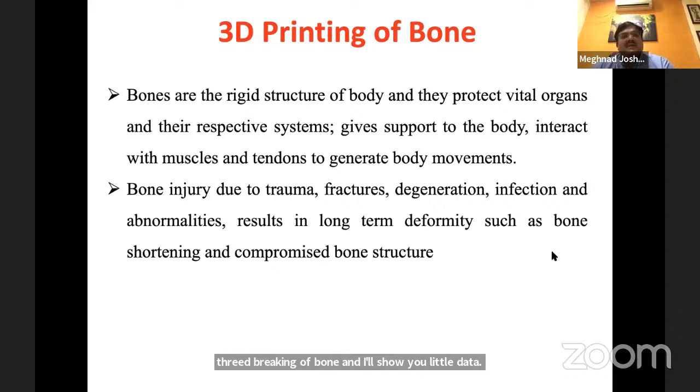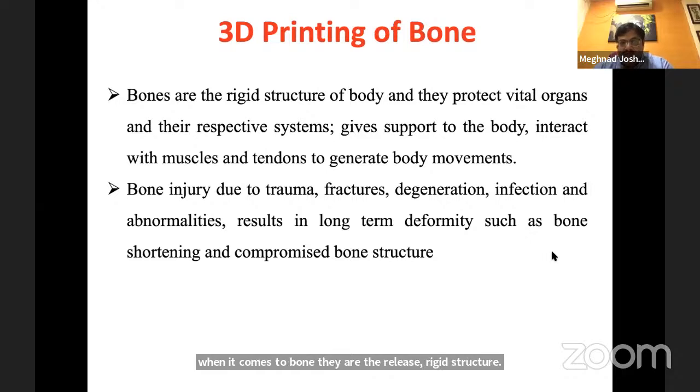I think this is a newer technology which is coming so fast, and the applications of 3D bioprinting have been very popular these days. Bones are rigid structures that give mechanical support.